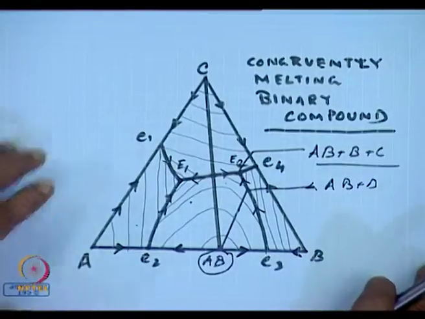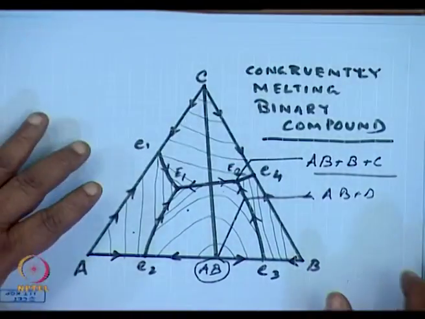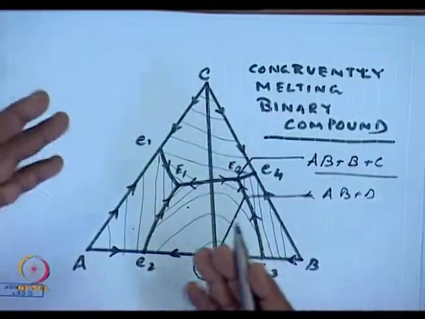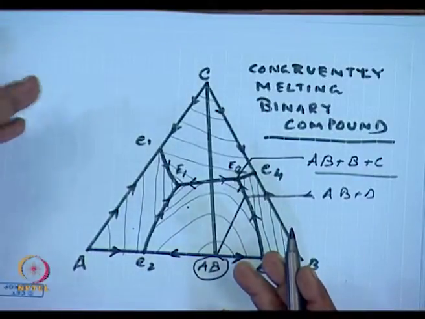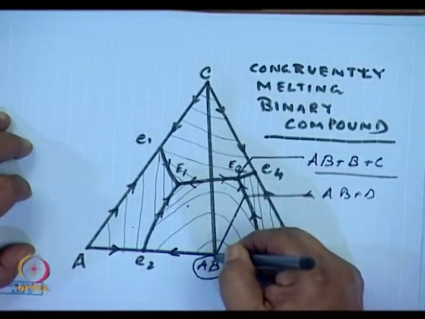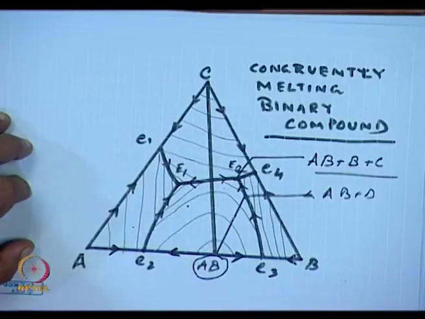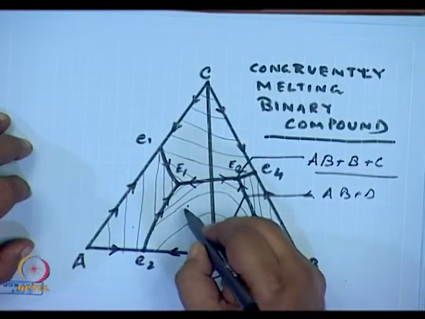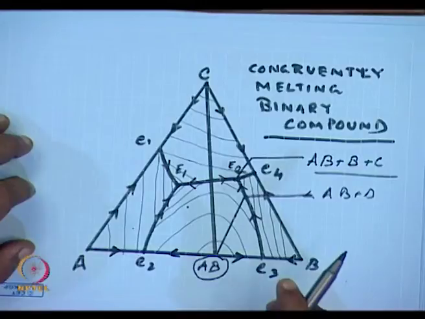This is one of the situations which you may face in these ternary compounds. We may have a congruently melting binary compound, and in that case the way to determine the cooling curve is by making the join, drawing the lines as I had said appropriately.